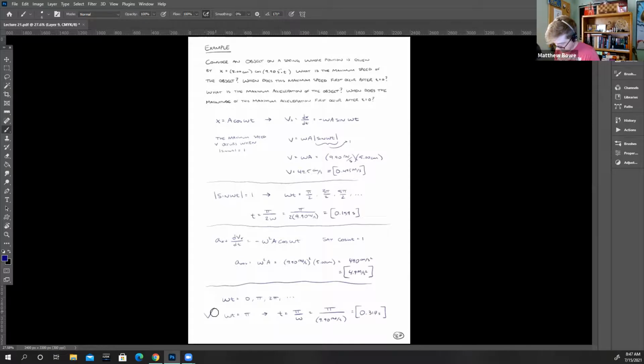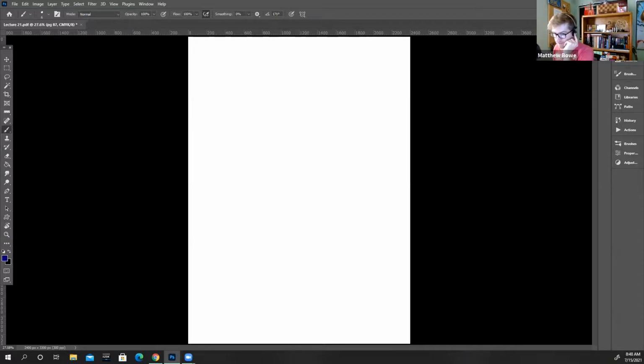We are able to pick out on this simple harmonic oscillator the values that we want just from that one function given above. We've looked at the motion in a simple harmonic oscillator. Let's now look at its energy.